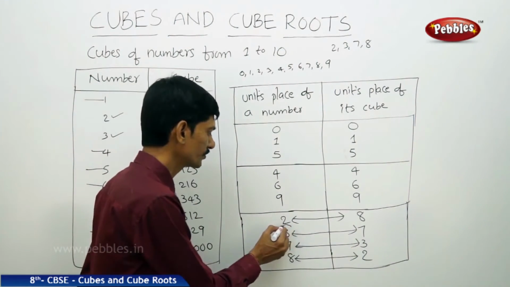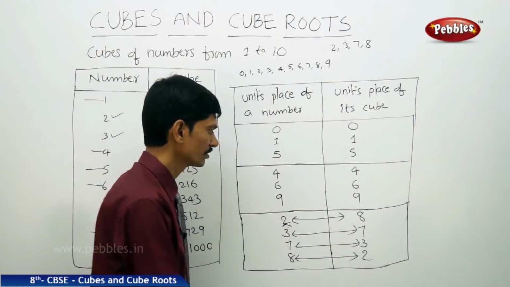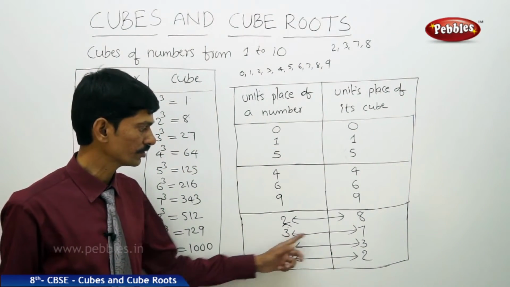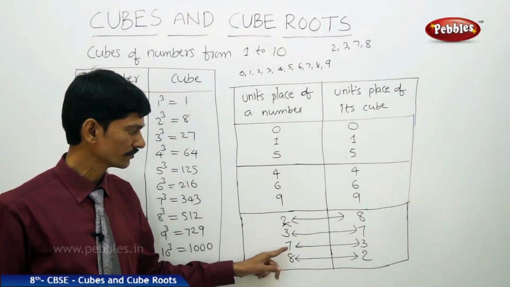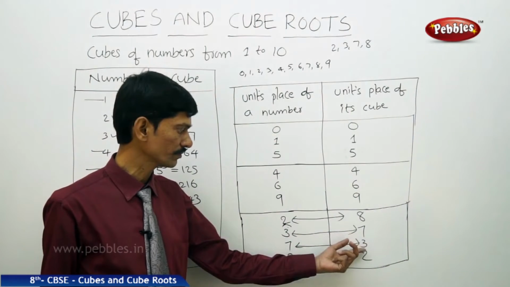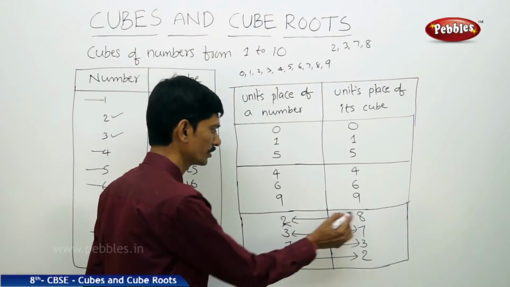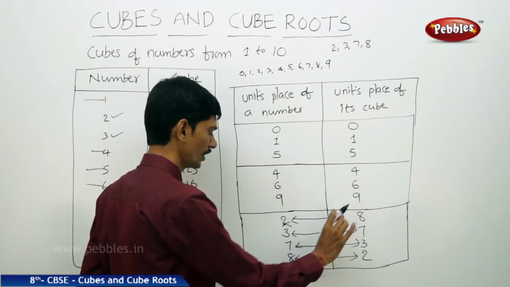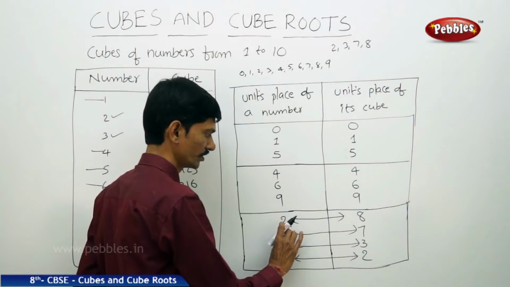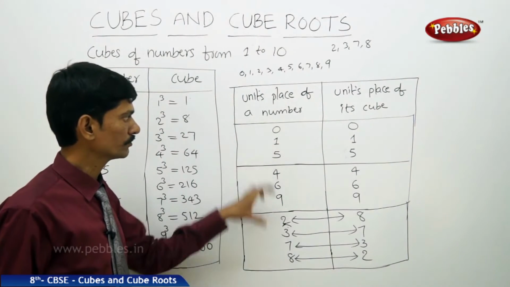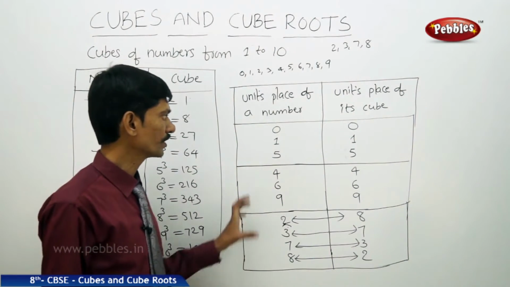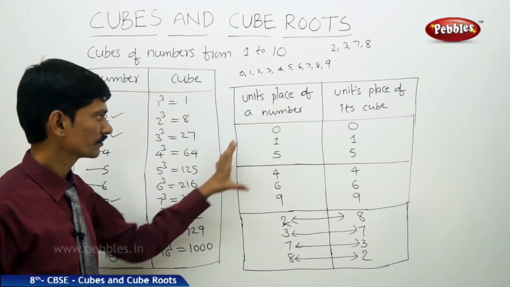And if the units place of the given number is 3, then what is the units place of the cube? It is 7. Or if the units place of the given number is 7, then the units place of the cube is 3. So here we can observe this pair 2, 8, 8, 2 and 3, 7, 7, 3. These important points we can observe in the cubes of the first 10 natural numbers.